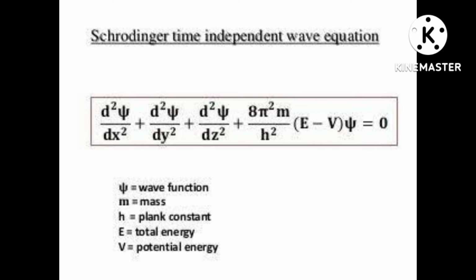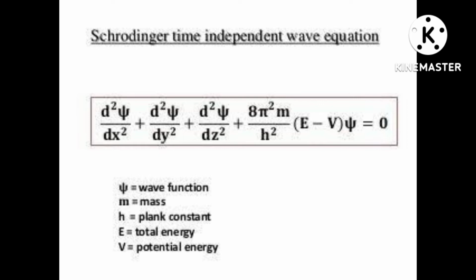When the Schrodinger equation is solved for the hydrogen atom, actually it can be solved for multi-electron atoms also, but here we are focusing only on the hydrogen atom or hydrogen-like atom.